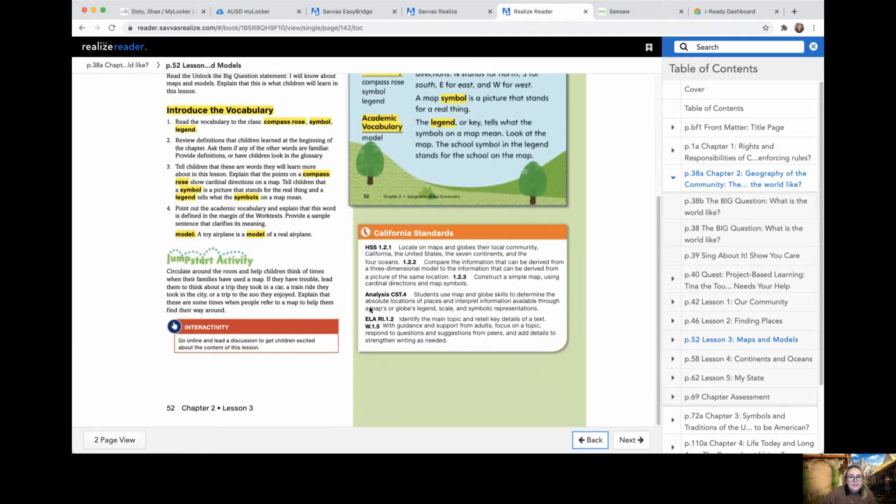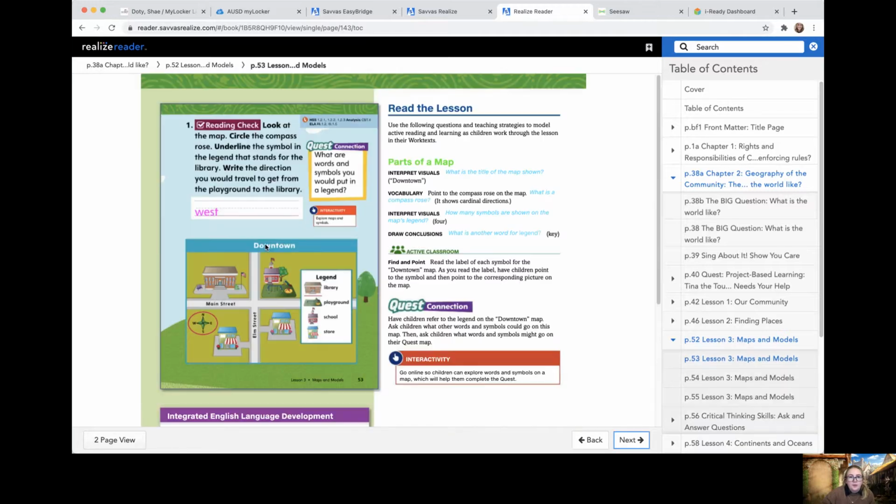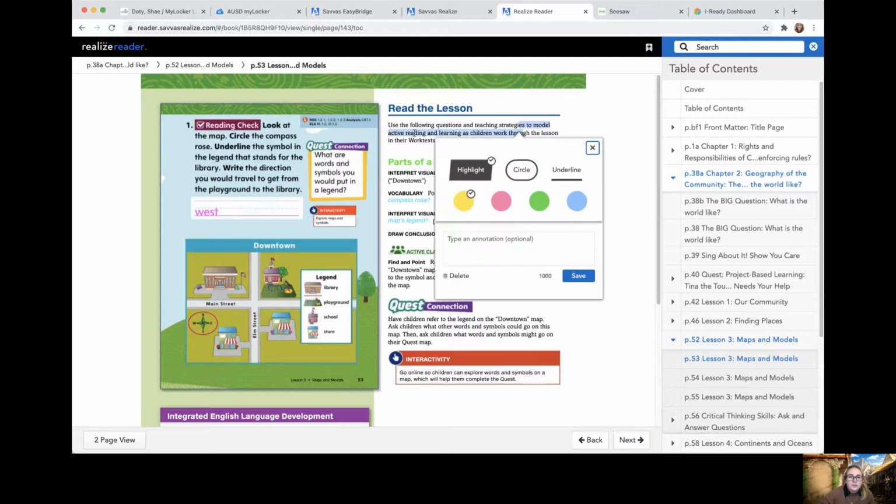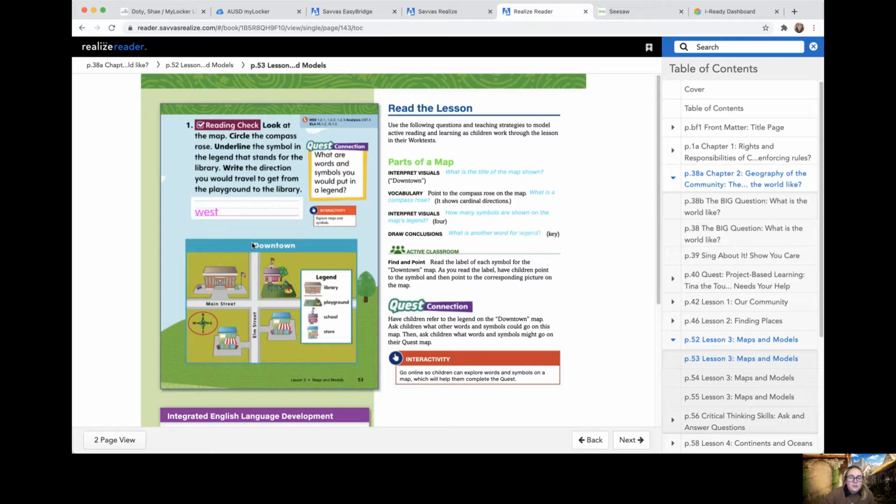So I want to make sure I didn't skip anything on this page. Nope, we're going to keep going. So first, let's look at the parts of the map. Remember, we learned that the title of the map tells us the main idea. So what are we looking at? This tells us we're looking at downtown, a city's downtown.